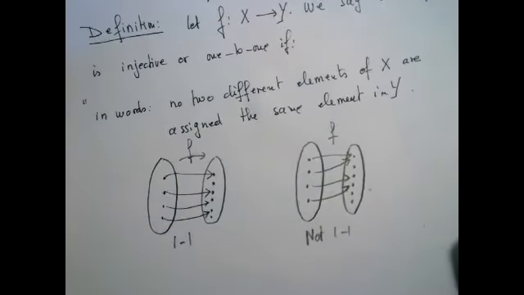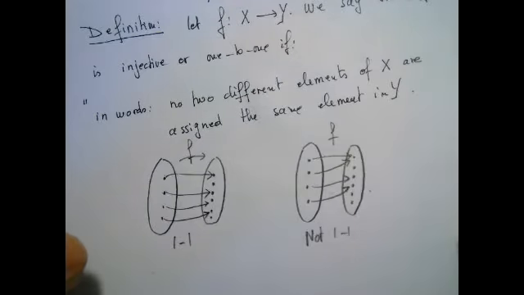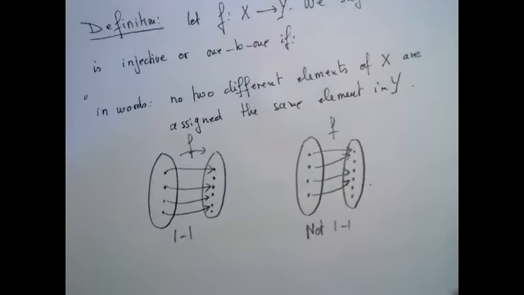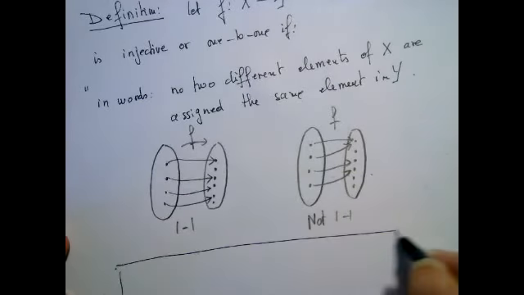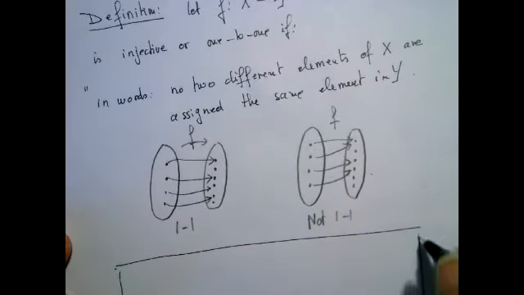Now, the mathematical definition. It means what we call the workable definition, the definition that we will use to show that it is 1-to-1. So mathematically, this is the definition. Okay.